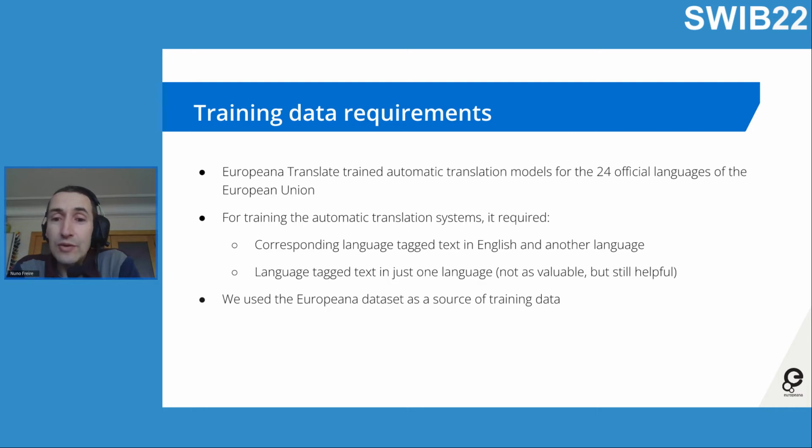And for training these models, it required the same text in English and another language. But in general, any text that would be tagged with one of the 24 official languages of Europe would also be useful. So in this work, we use the Europeana dataset as the source to find this language tagged text to provide for training the machine learning models.